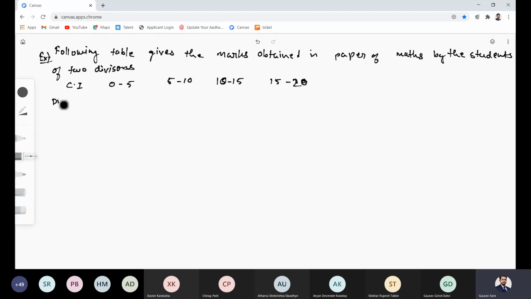Division A students are 2, 6, 6 and 4. Division B are 8, 4, 4, 2.